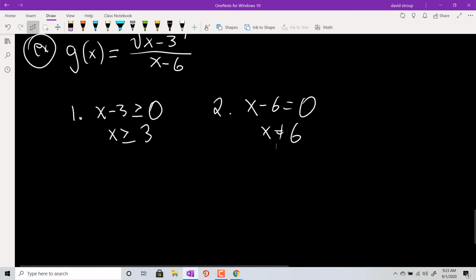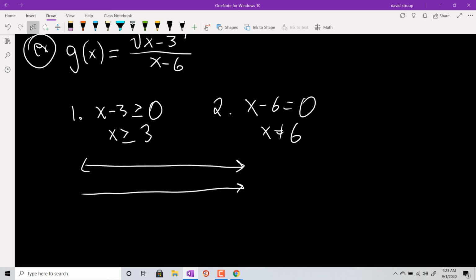On the number line, we could do this intersection thing again. It'll be everything above 3, 4, 5, 6. So 3's here, 4, 5, 6 is right here. So everything greater than or equal to 3 for the first number line, but the second number line has a hole in it right there at 6.